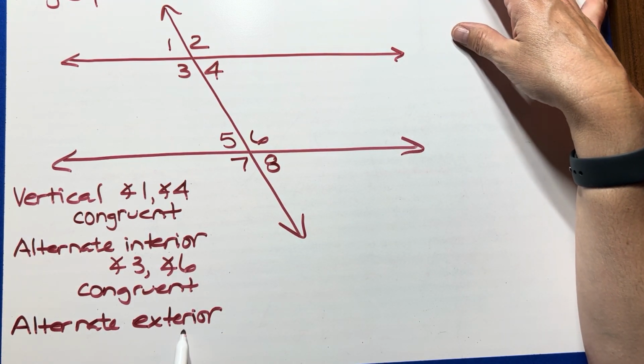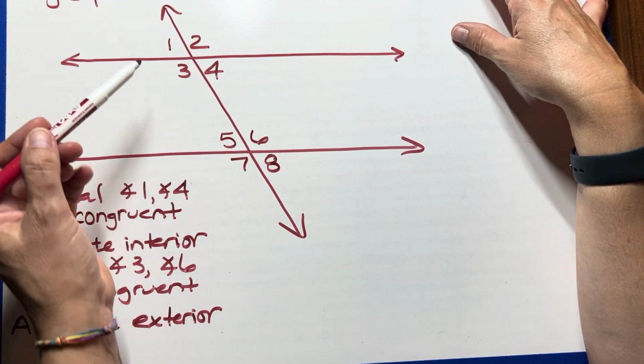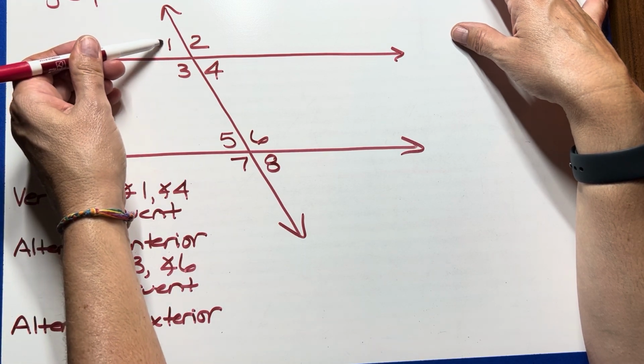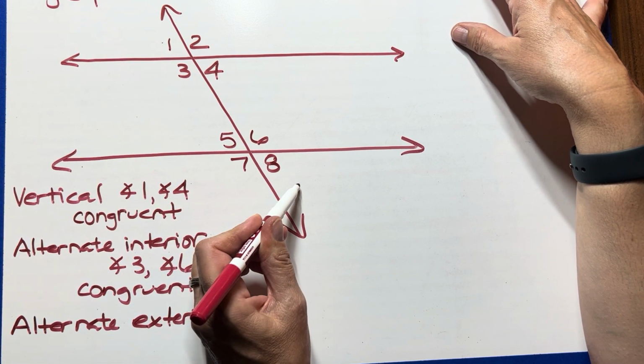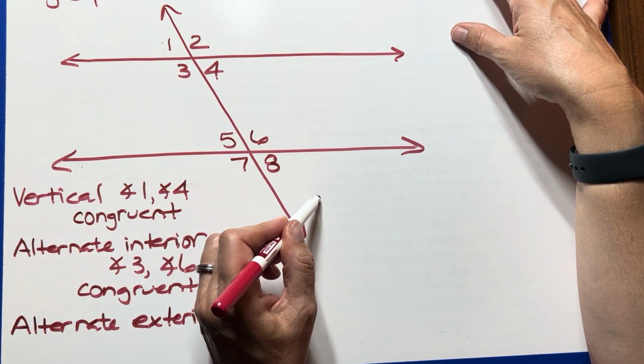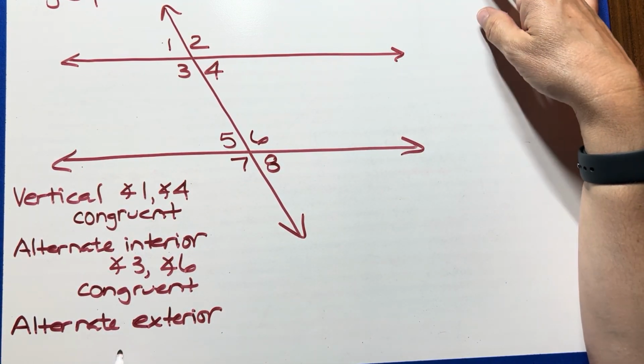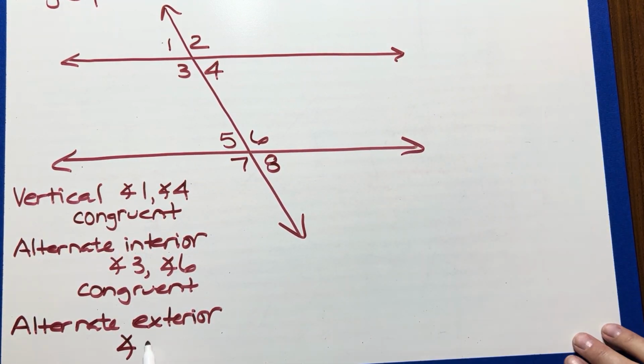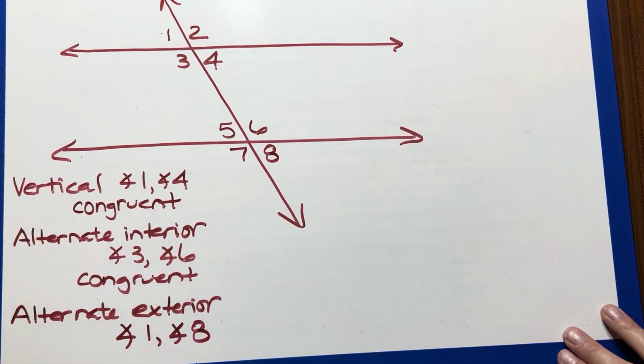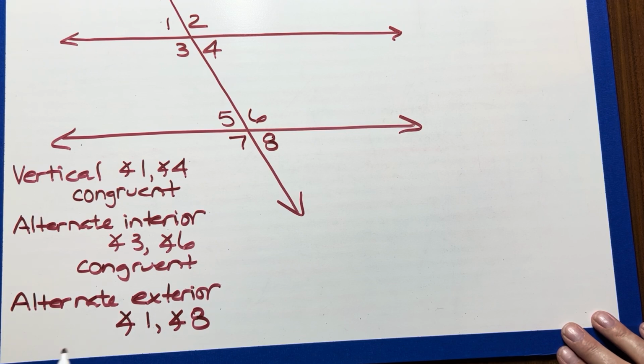If I want alternate exteriors, that would be angle 1 and angle 8. Opposite sides of the transversal, outside of my parallel lines. What's true about these? They are also congruent to each other.